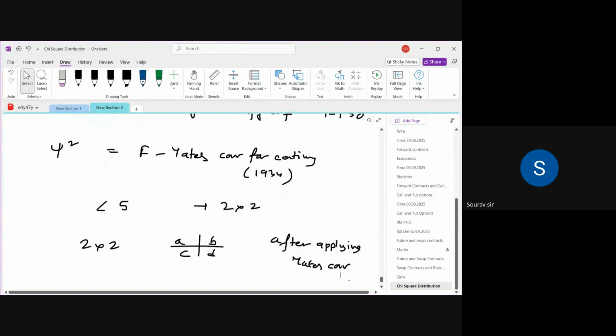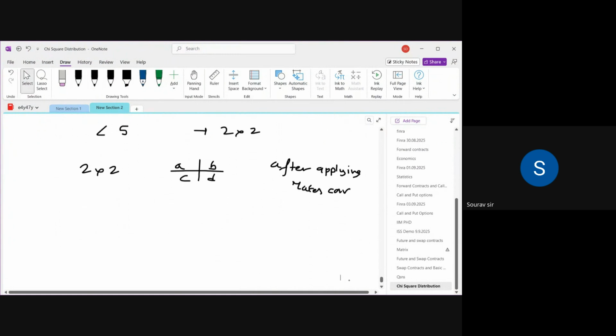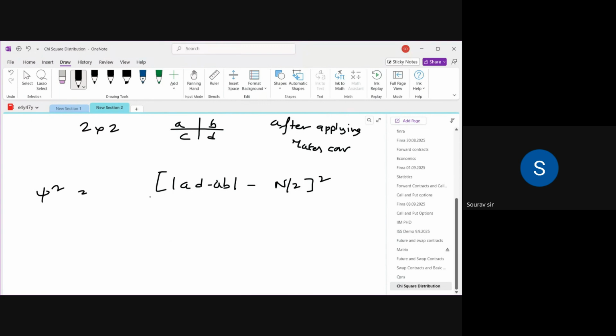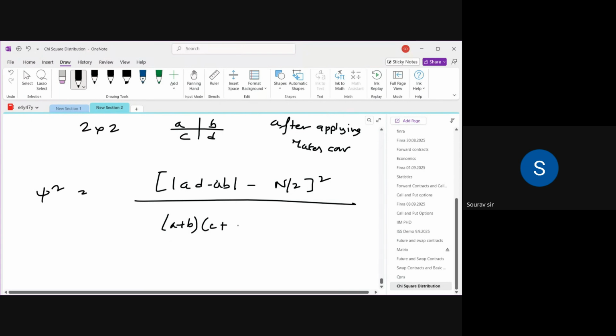It looks like the formula: N times (absolute value of AD minus BC minus N by 2) squared, divided by (A plus B)(C plus D)(A plus C)(B plus D).